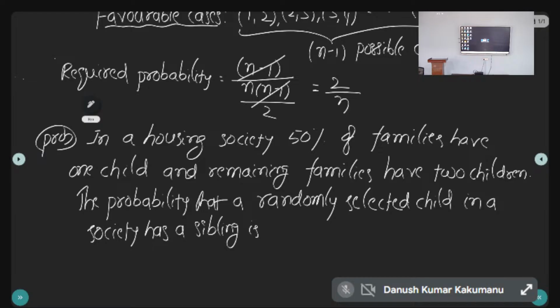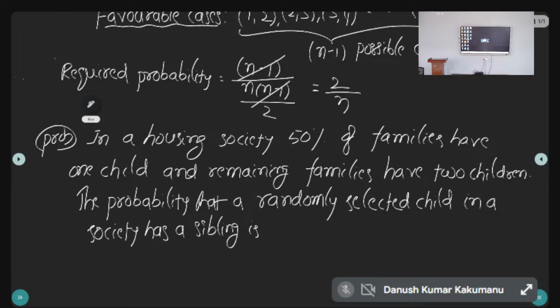The probability that a randomly selected child in a society, one child you have picked randomly, has a sibling, what is the meaning? That child has a brother or a sister. That is possible only when that child belongs to a two-children family.